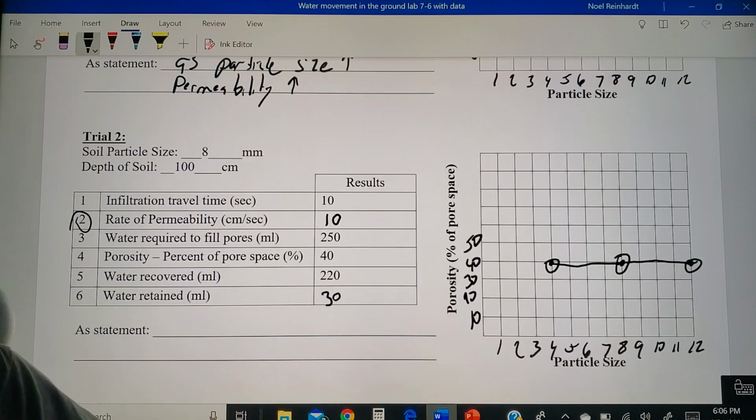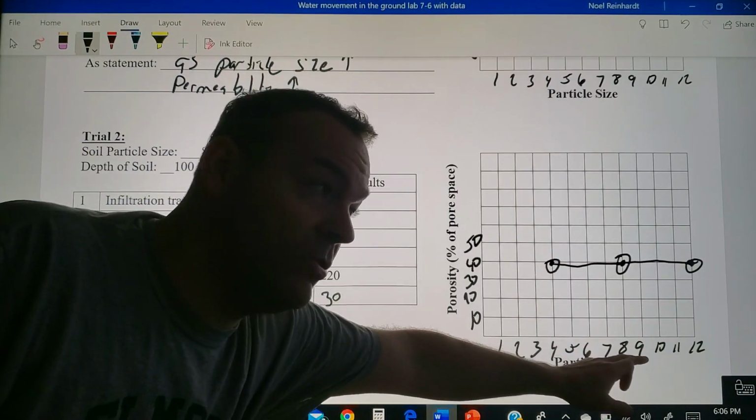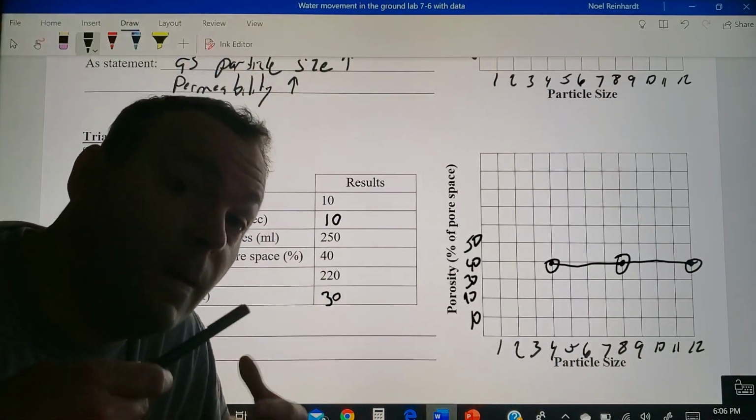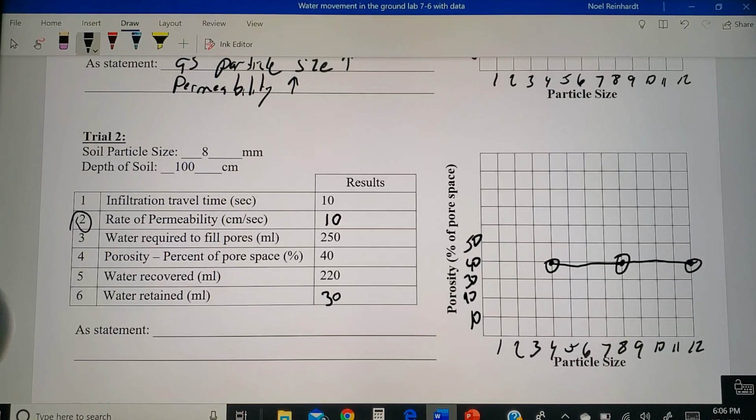Now for an as statement, well, what would you say? As particle size increases, porosity stays the same. Okay? So as the size increased, the porosity remained the same.